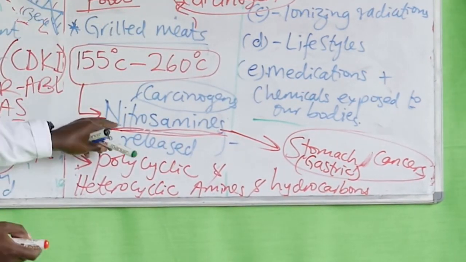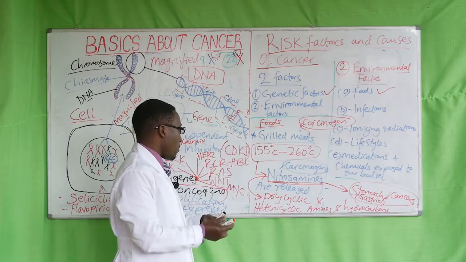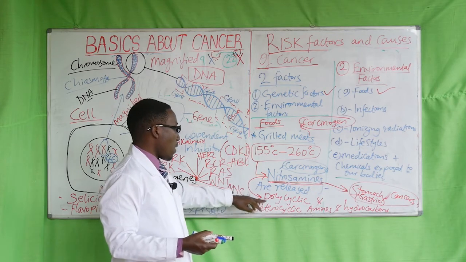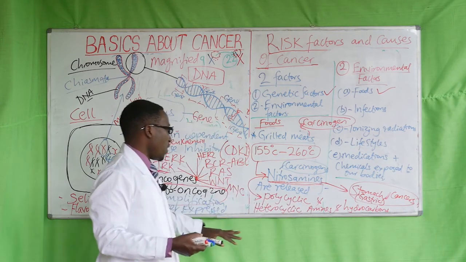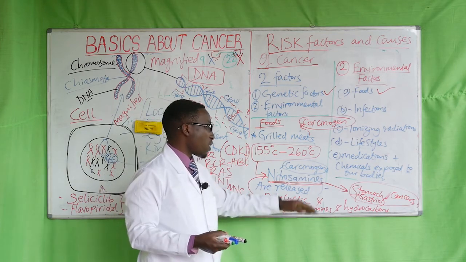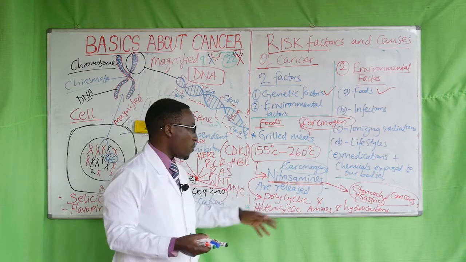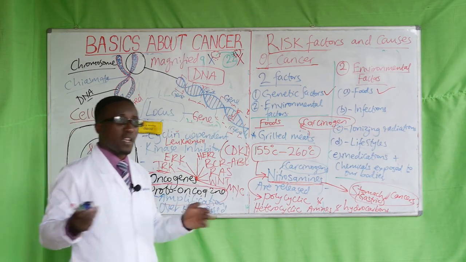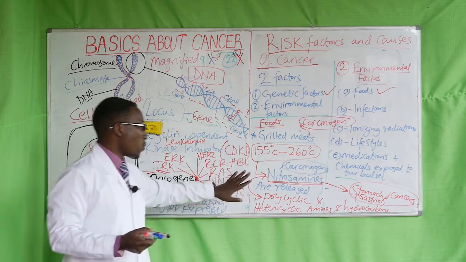In simple terms, nitrosamines fall under the compounds called polycyclic amines, and when we mention heterocyclic aromatic hydrocarbons, still others in the related family, like the benzopyrenes, they follow in this group of compounds.